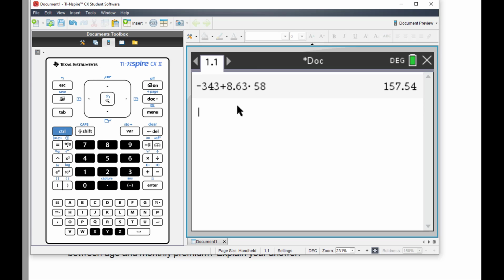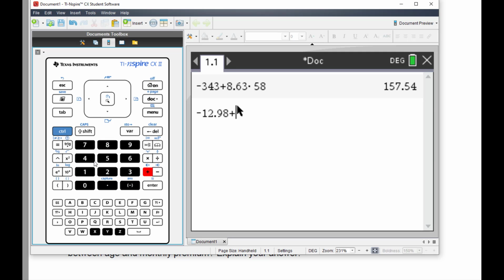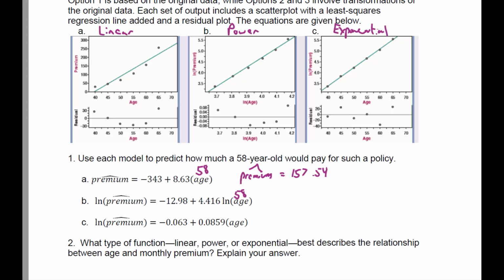So we have negative 12.98 plus 4.416, and then we take the natural log of 58. Okay, so we get 4.95092. I'm just going to use 4.95. Looks like a good number to use to justify the actual answer here.